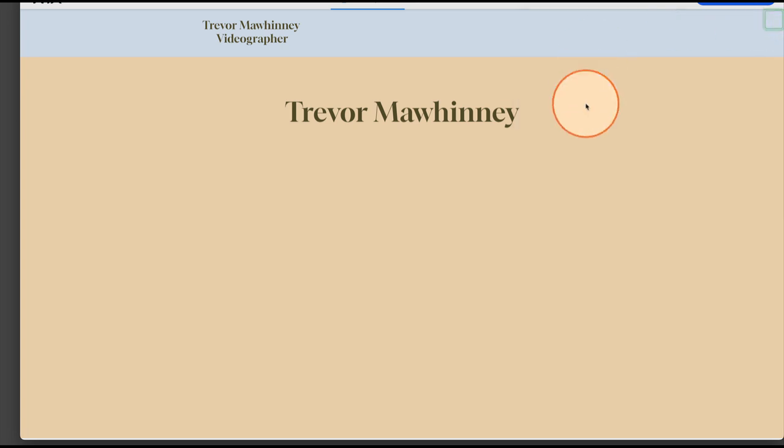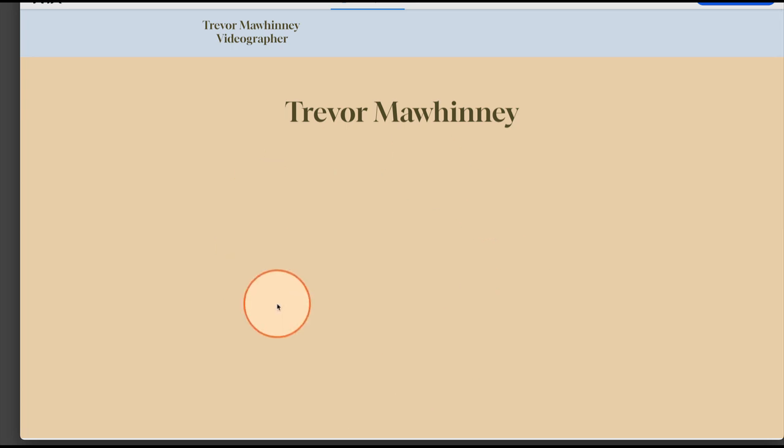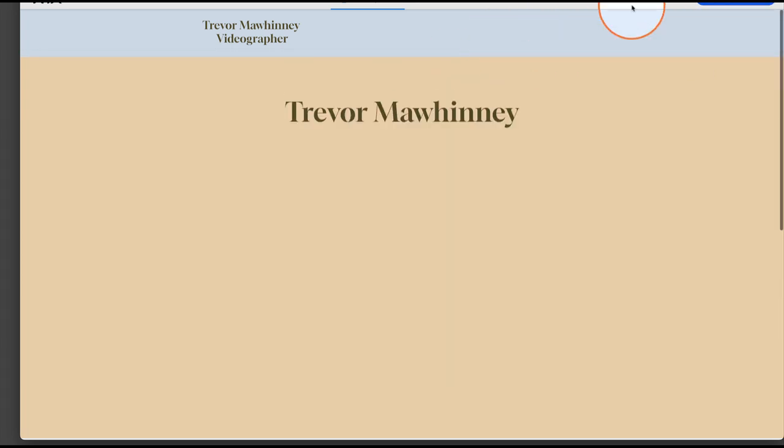Okay, Trevor, I like the colors. They're really easy on the eyes. We do need to close all this up. If there's content here, it's large and taking a long time to load. I need some navigation up here. Yeah, that's going to be important.